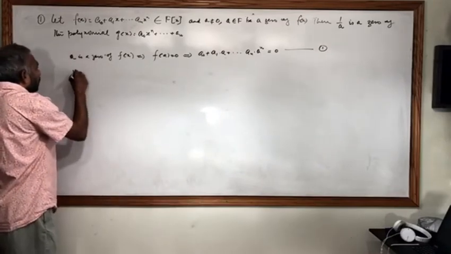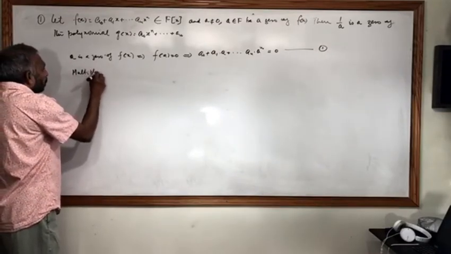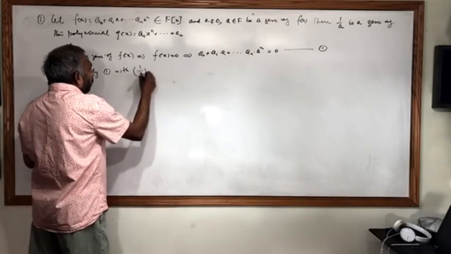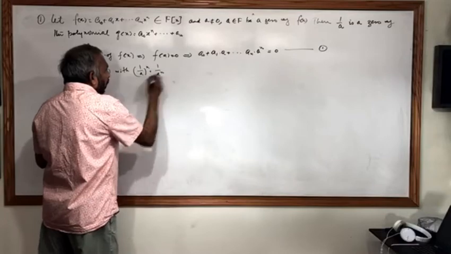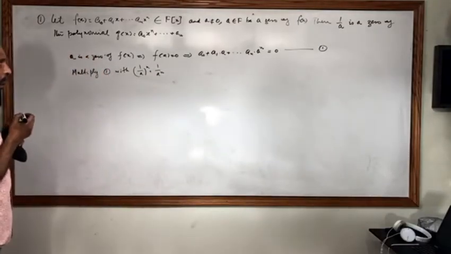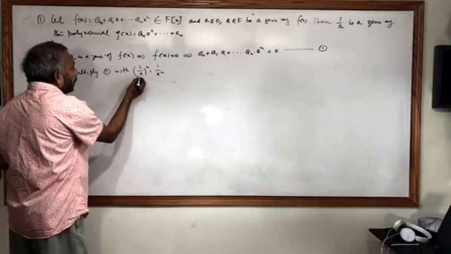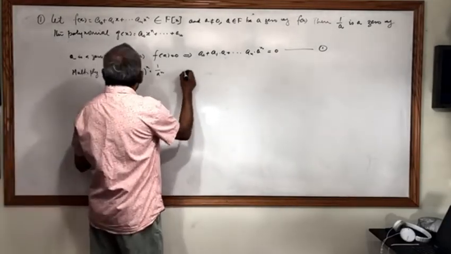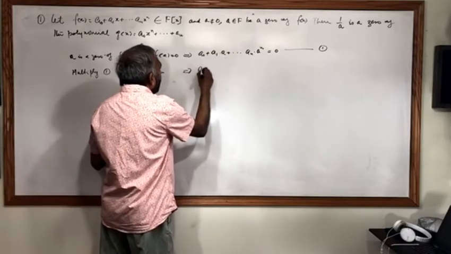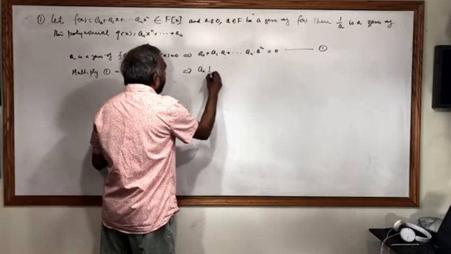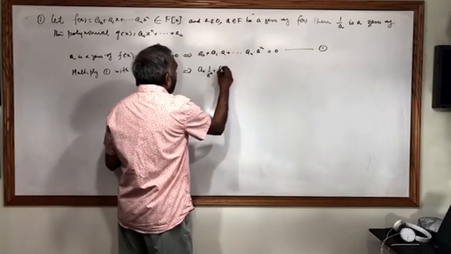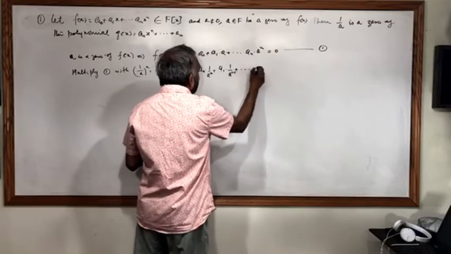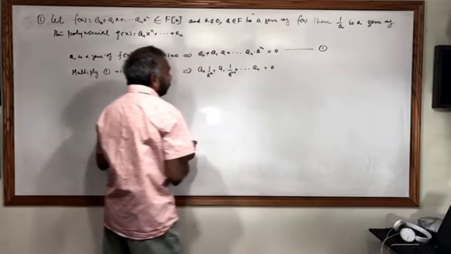So multiply equation 1 with 1/a to the power of n, which is possible because a is different from 0, and that implies a0 times (1/a)^n + a1 times (1/a)^(n-1) + ... + an = 0.